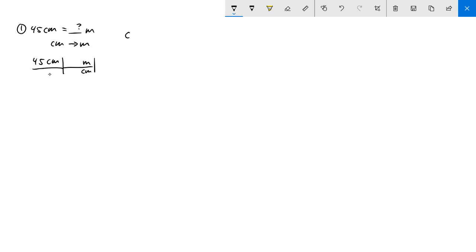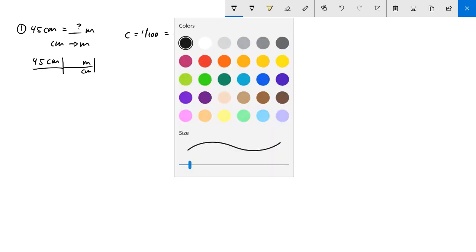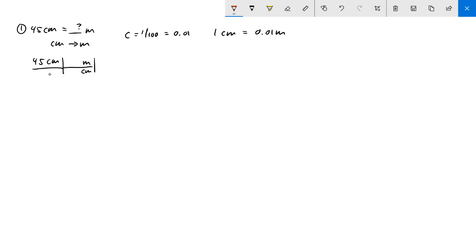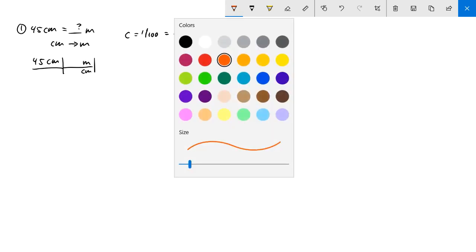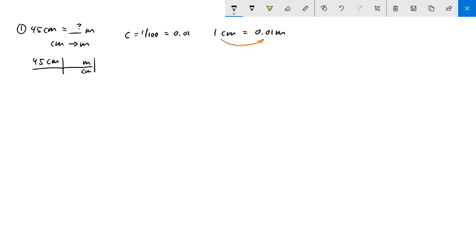What does centi mean? Well, centi is 1/100th, which is the same as 0.01. So if I have 1 centimeter, that would be the same as 0.01 meters, because centi means 0.01. So these are the numbers that I put into the conversion.